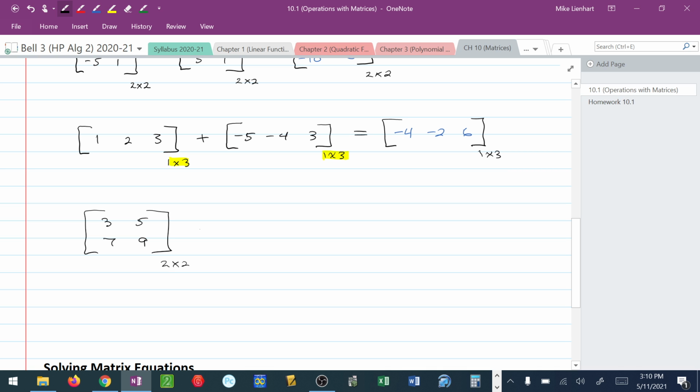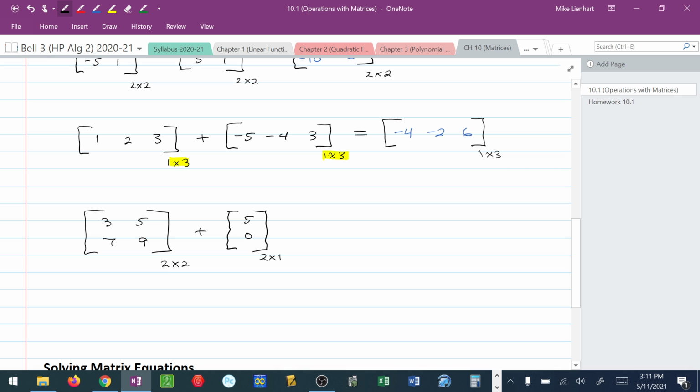And I want to add to that a 2 by 1 matrix. Let's say this is 5, 0. Okay? 2 rows, 1 column. The problem is, if I tried to do this, I can match the 3 with the 5.